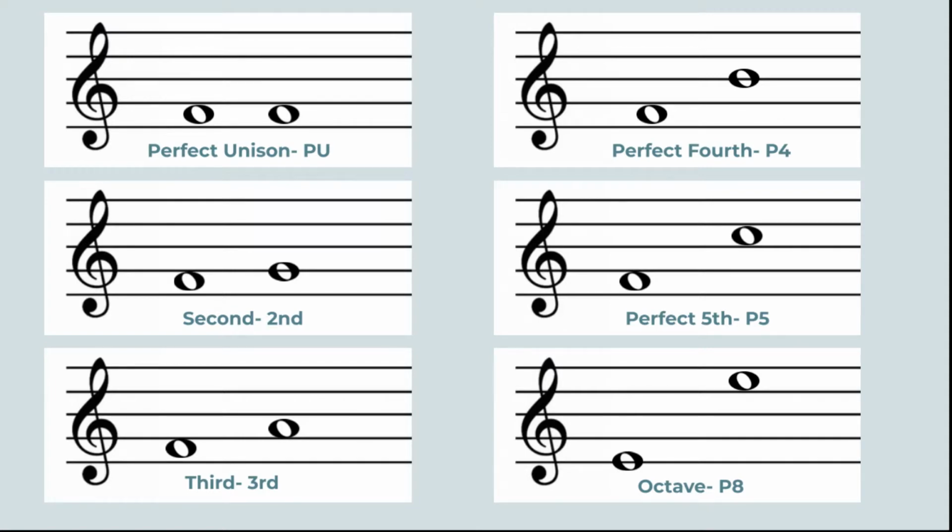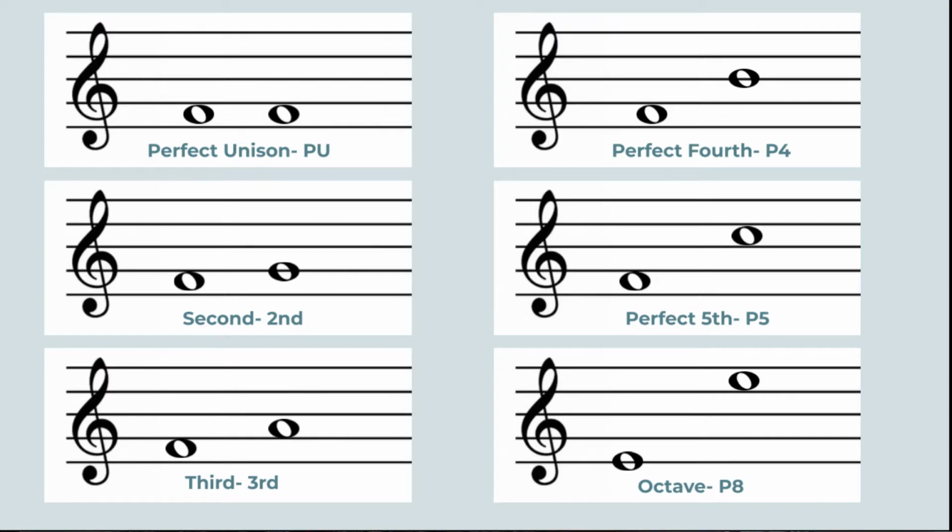There are six basic intervals that a beginner should know and that I'm going to teach you in this video, starting from a second interval to a perfect octave, as you can see in the picture on the screen. I put all the intervals in one diagram so you can have an idea of what I'm going to explain later on.